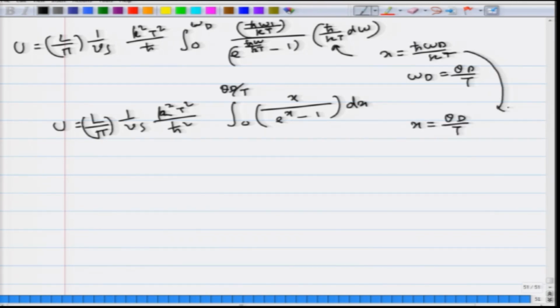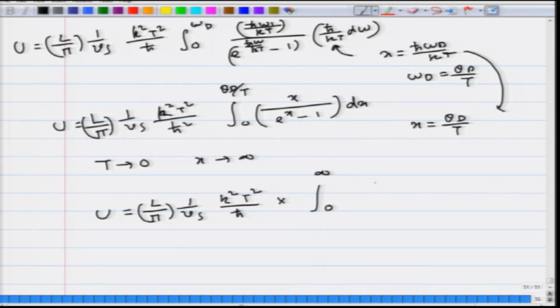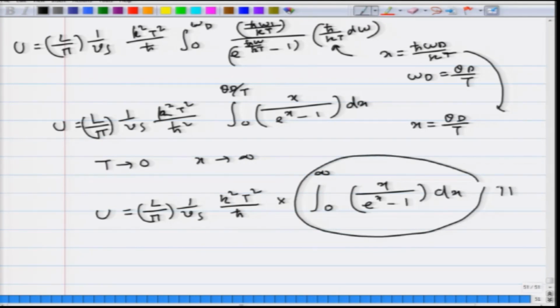So for t tends to 0, x will tend to infinity. So we will have U equals L by pi 1 by Vs k square t square by h cut into 0 to infinity x by e to the power x minus 1 dx, and this value we know is pi square by 6.